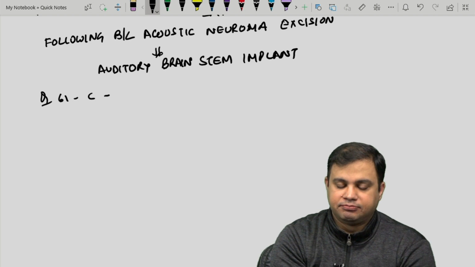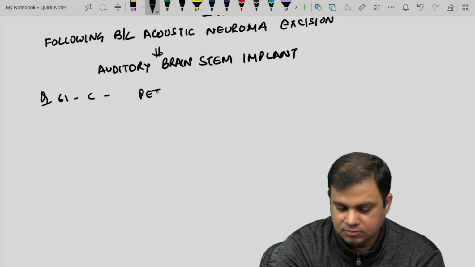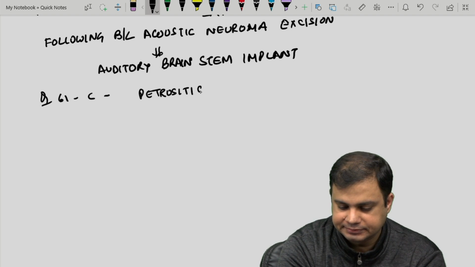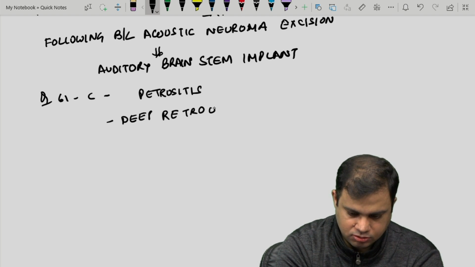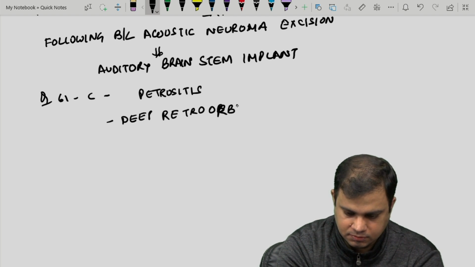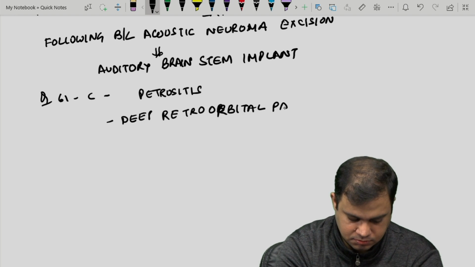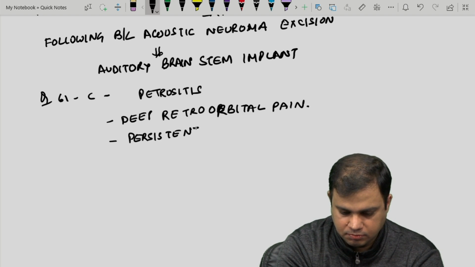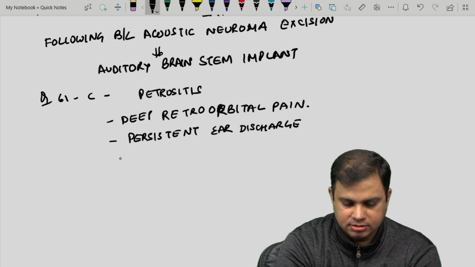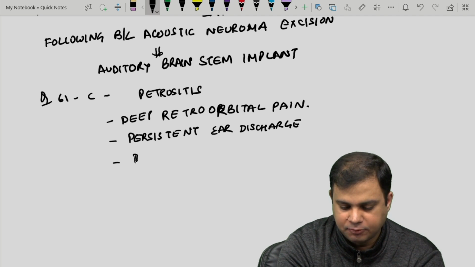Patient in Petrositis will have deep retroorbital pain, there will be a persistent ear discharge, and there will be a diplopia.